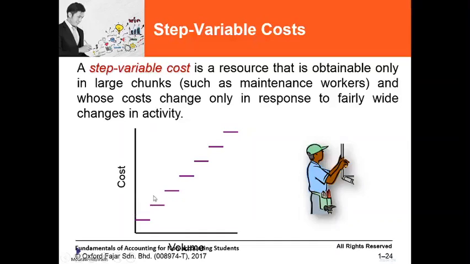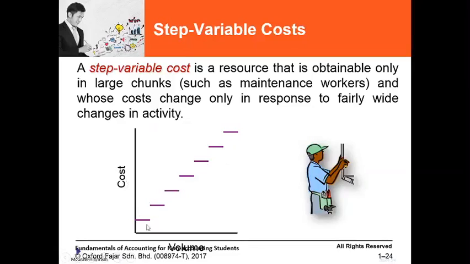But if you are producing 2,100, the cost will increase to the next step, which means you need to add another additional worker. So 2 maintenance workers, plus 1 is 3, plus another 1, so 4 maintenance workers here. If you are producing 2,200 or 3,000, you still incur 6,000 ringgit for maintenance workers. So this is what we call step variable cost.